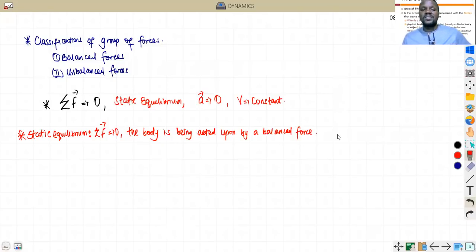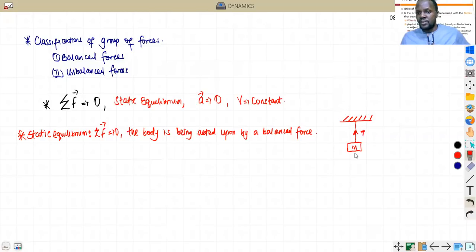Like I said, the simplest example I can give you is when you tie something to a ceiling, just a simple example for understanding's sake, for now. There's a ceiling and there's a block of mass M tied to it. Under this, there will be a tension. Tension will act at this point.